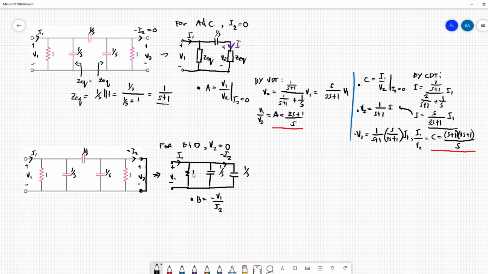Since these three branches are connected in parallel, V1 is just equal to the voltage in each branch. So by Ohm's law, our V1 is equal to 1 over S times negative I2. So our negative V1 over I2, equal to B, is 1 over S.